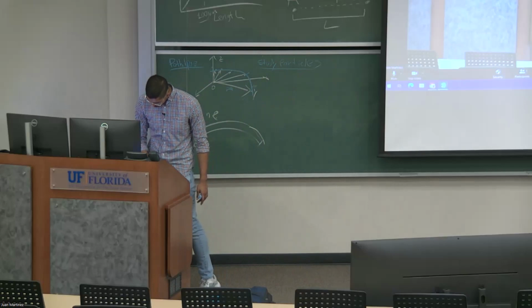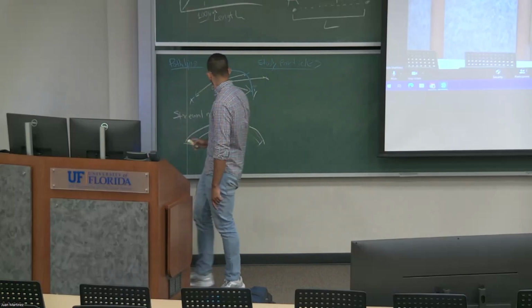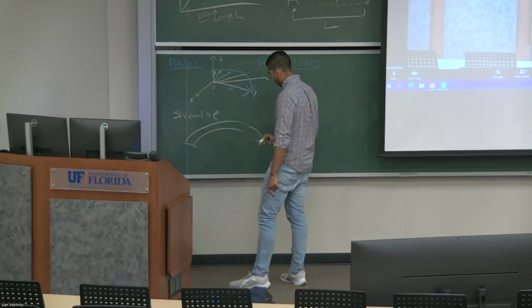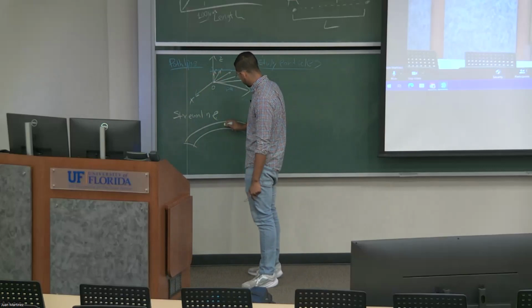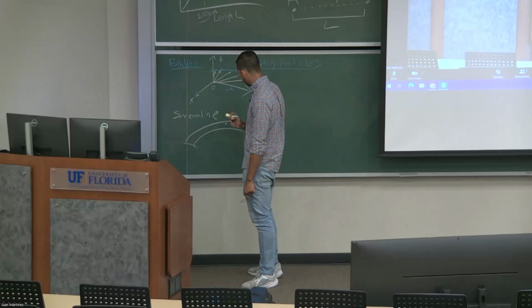So every point symbolizes the velocity at that point, in that position.